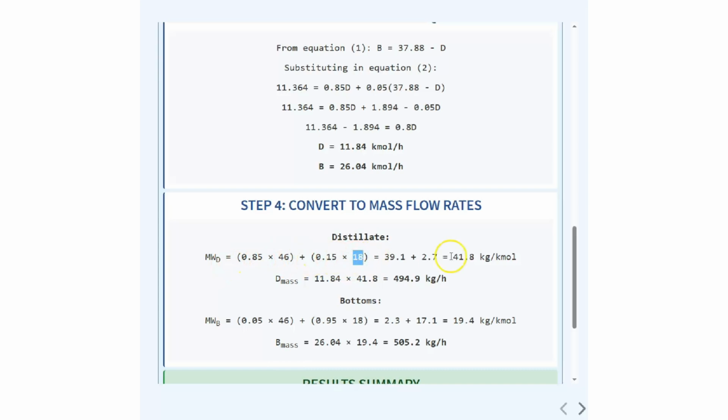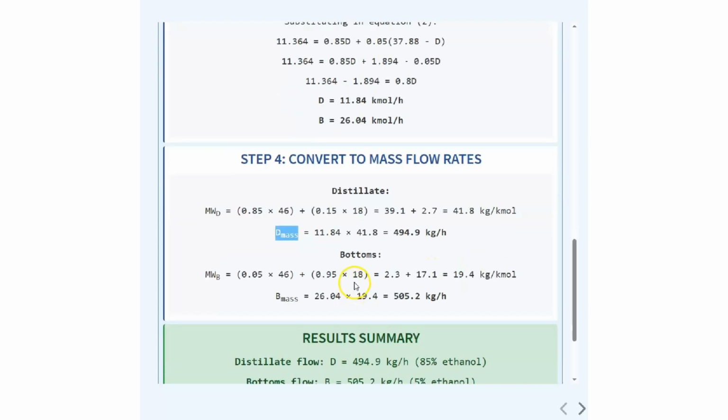If I do that calculation, the average molecular weight is 41.8 kg per kilomole. Now D we already got, that is 11.84 kilomole per hour. Multiplying it with the average molecular weight, we get 494.9 kg per hour.